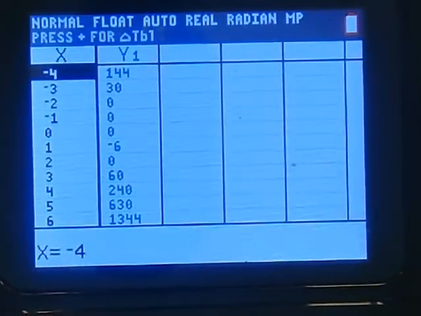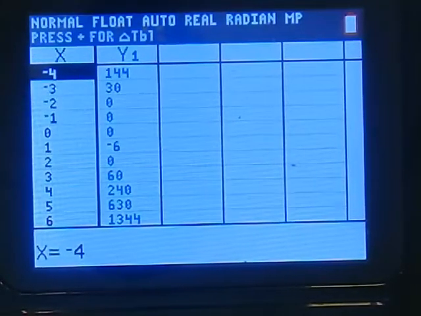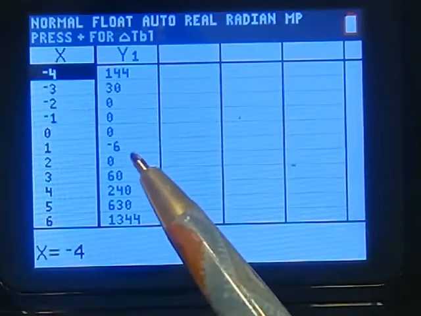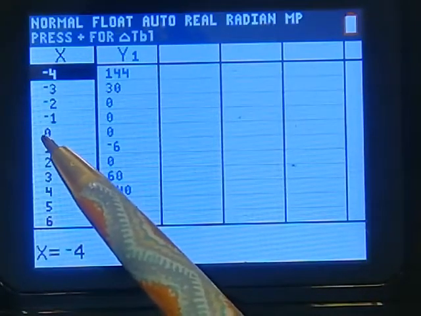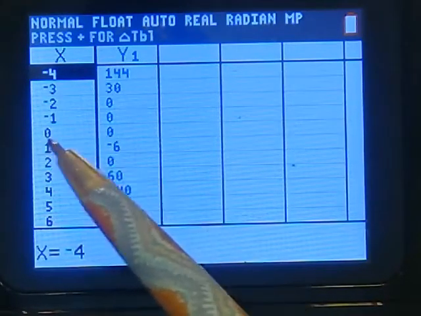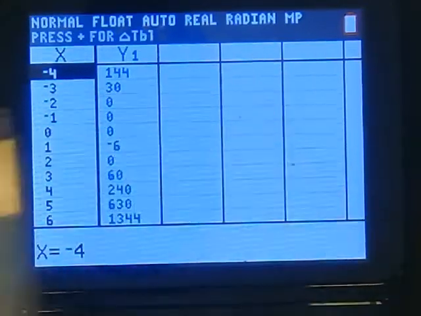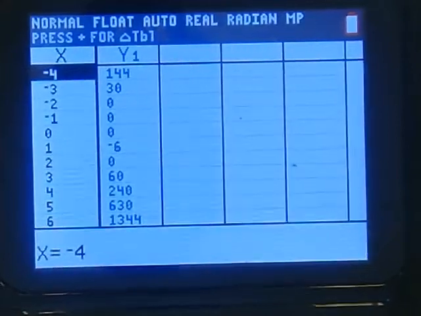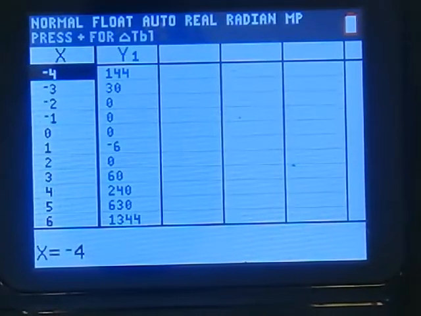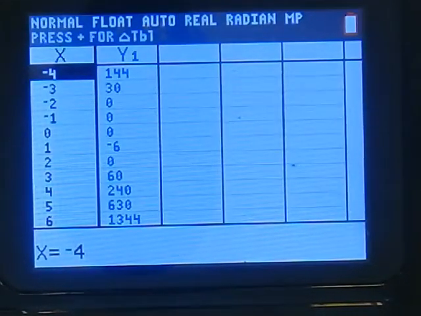But there are also some other points that are going to be important here. Notice that the y-intercept is right here where the x value is 0. So I already know that not only is it a 0, it's the y-intercept. And so I'm going to jot that down, that the y-intercept is at 0, 0.